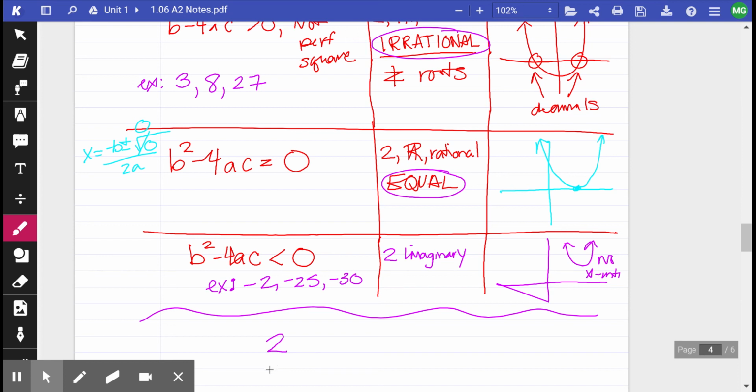If I gave you 36 as your discriminant, that's positive, and it is a perfect square, so hopefully you're saying rational. If I gave you negative 100 as your discriminant, hopefully you're saying 2 imaginary roots because it's less than 0. If I gave you 0 as your discriminant, hopefully you're saying 2 equal roots. Anytime it's 0 for your discriminant, you're going to have 2 equal roots.